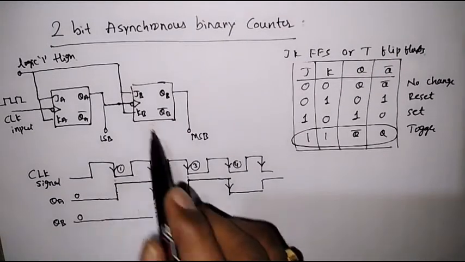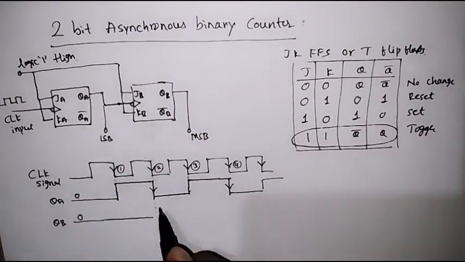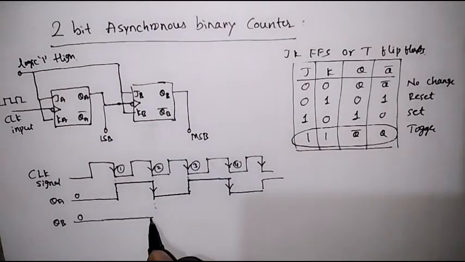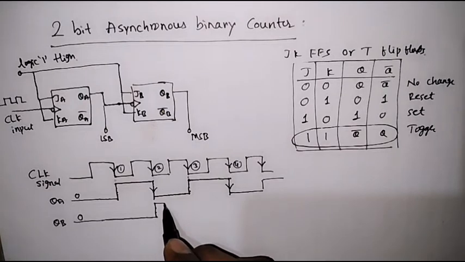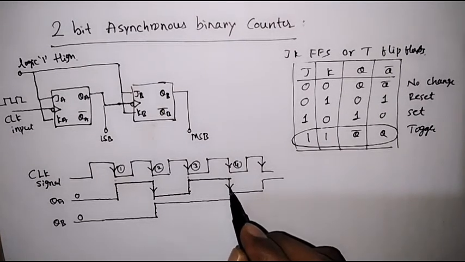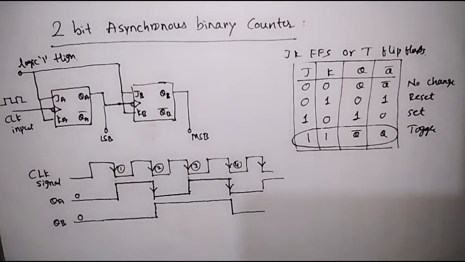So when the negative edge of the QA output arrives, the flip-flop QB will become active and it will toggle, and it will continue till the next clock pulse arrives. When the next negative edge arrives, it will go down and it will continue.